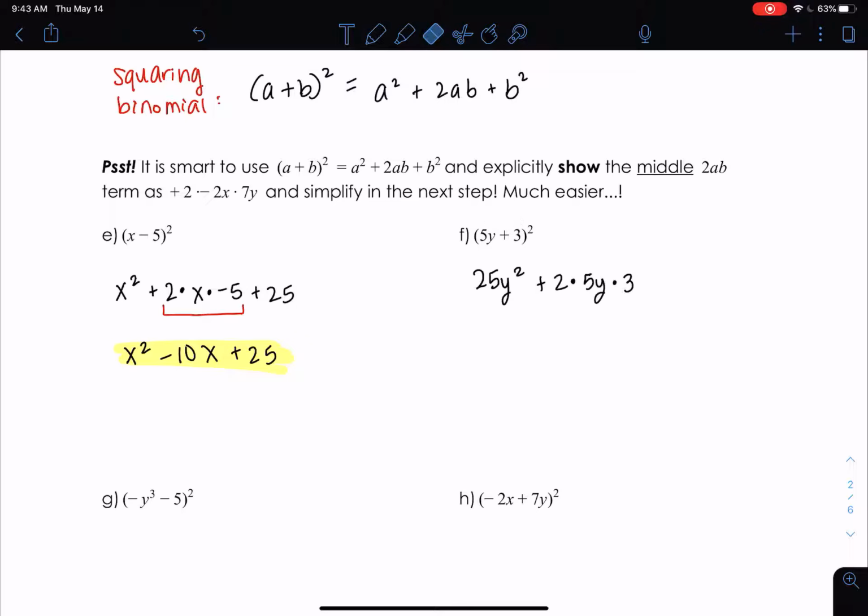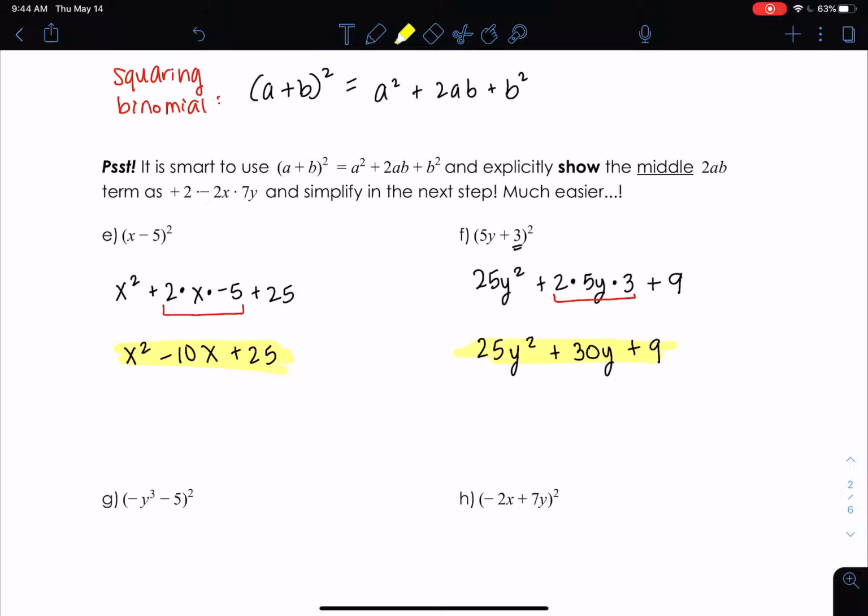So we have our 2ab, and now we just need our b squared, so we're squaring the last term, which is plus 9. Last step, let's simplify this middle term for our final answer. 25y squared plus 2 times 5 is 10 times 3 is 30, y plus 9, and we're done.